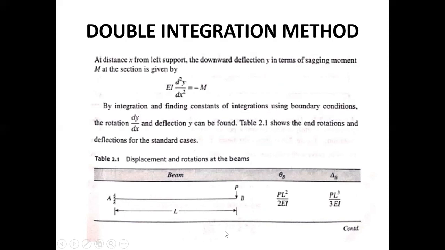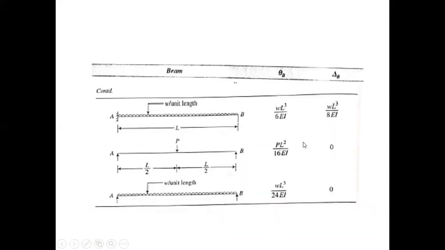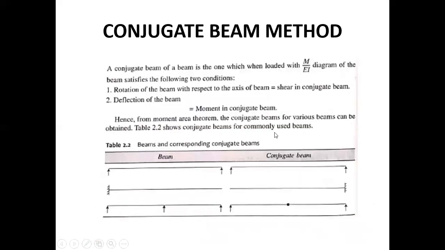We'll see some of the standard cases, and this is the case which we have already calculated using the consistent deformation method, that is PL square upon 2EI and PL cube upon 3EI. These are the standard cases that we always need to remember. In order to do questions quickly, we need to remember the values of deflection and slope for these standard cases.